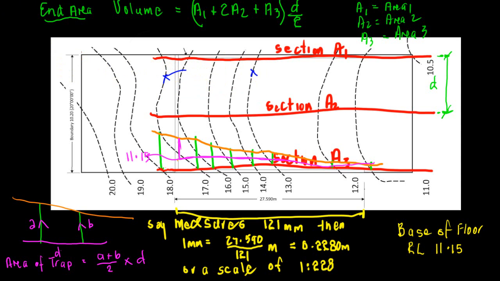Well, it's not quite as good as I'd hoped, but draw a line. It's very difficult to draw a line on this pad straight, but draw a line between them. So you measure that and convert that to meters, and then of course this is RL 13 here, and this here is RL 17.